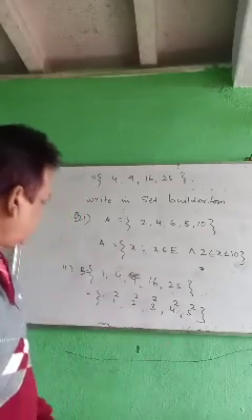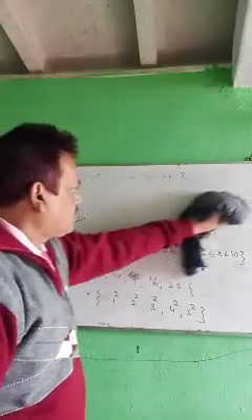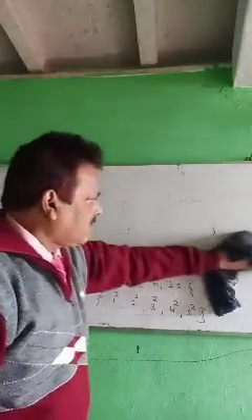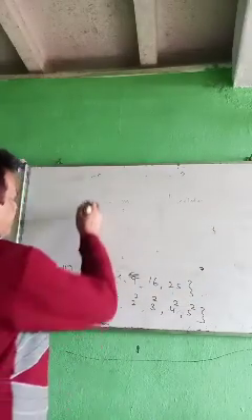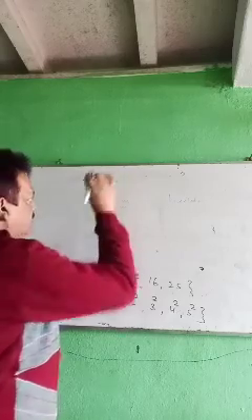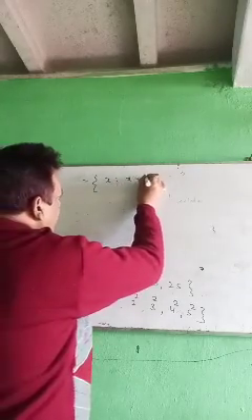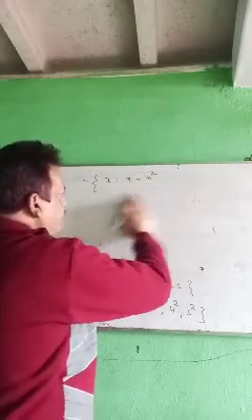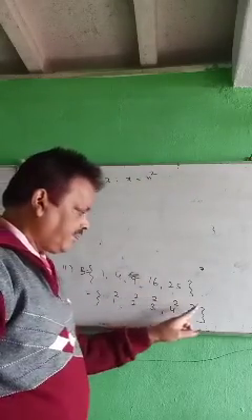So you can write here that will be set of all x such that x equals n square. Why n square? Because it is in the square form.